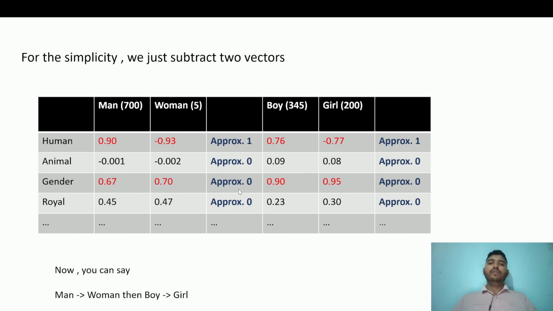I hope you got the basic idea of how word embedding works, what word embedding is, how it is useful, and what the advantages of word embedding are. So now I hope you can understand why word embedding is highly efficient and used in every SOTA model, which means state of the art models in NLP. Now in the next lecture, we are going to implement this word embedding technique.